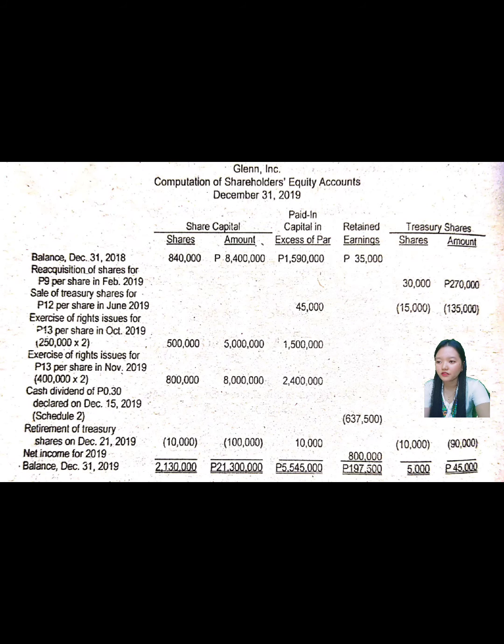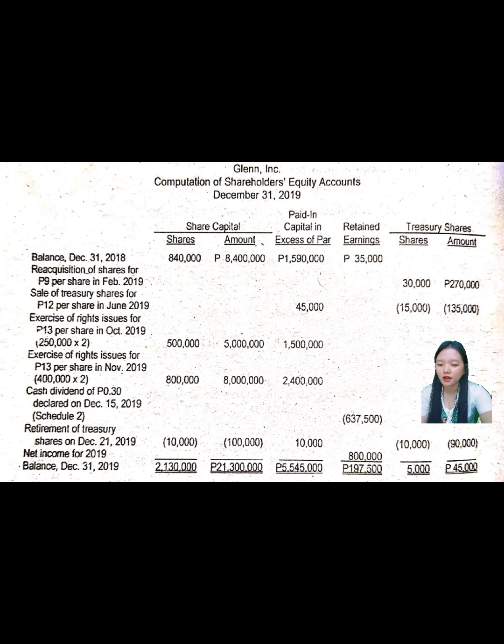A deduction of share capital shares of 10,000 and a share capital deduction amounting to 100,000 pesos, and paid-in capital in excess of par 10,000 pesos, and a deduction of treasury shares 10,000 shares and a treasury share amount of 90,000 pesos.